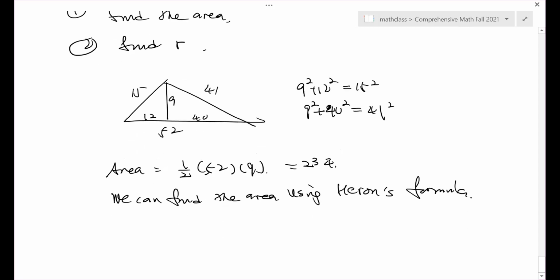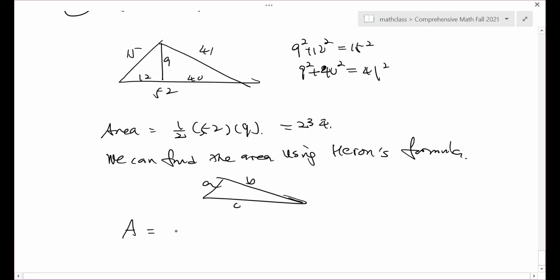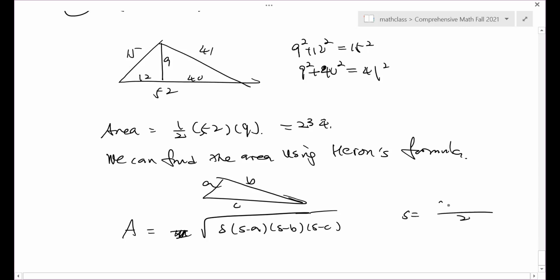It gives you a formula, and you can plug the sides into the formula. So the area is going to be the square root of s times (s minus a) times (s minus b) times (s minus c). Now what is s? s is going to be half of the perimeter.